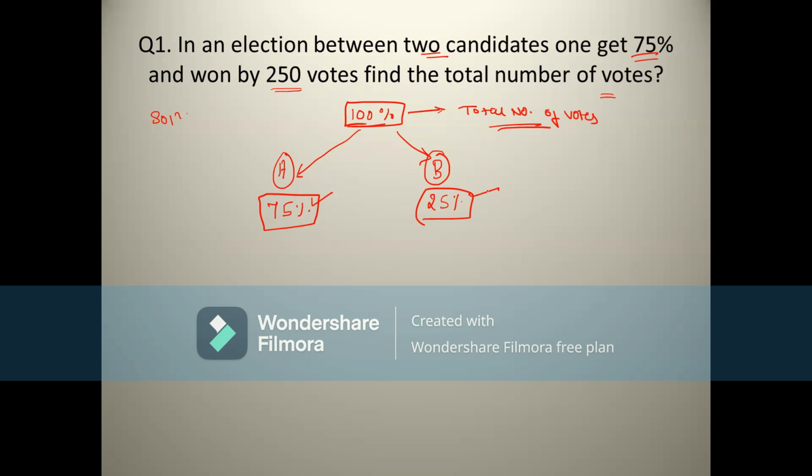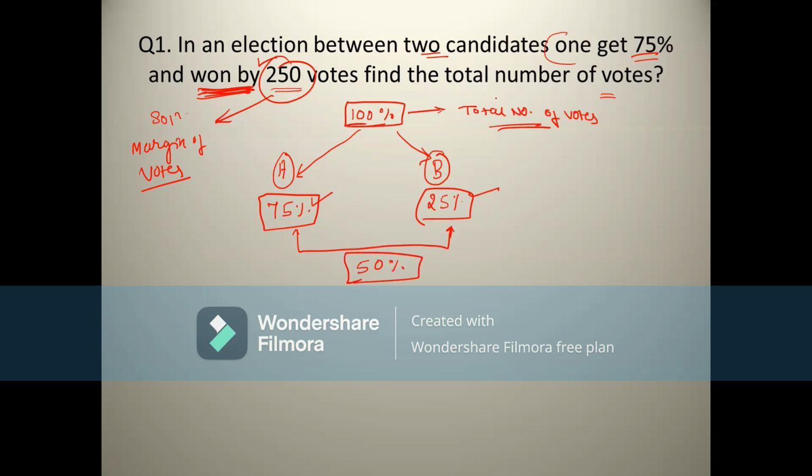Another statement is given that one candidate gets 75% of the votes and wins by 250 votes. So this 250 is the margin of votes between A and B. Here the margin between A and B is how many percent?